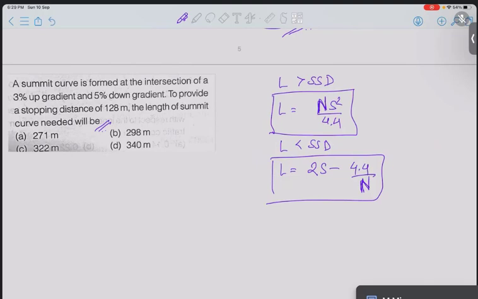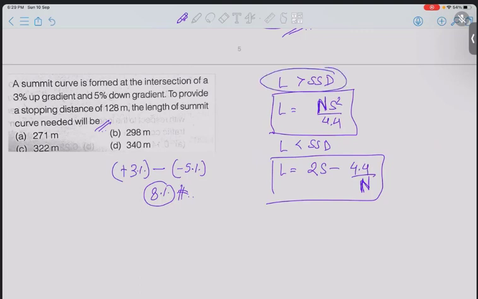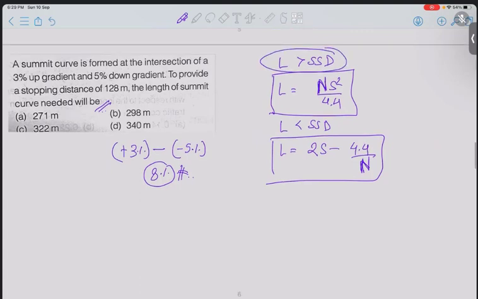So for our case, the start was a 3% positive gradient and the end of the curve was a 5% negative gradient. So 3 minus of minus 5 is 8%. Let's assume that L is greater than the stopping sight distance and calculate our L. So we will have 0.08 into S square, 128 square, divided by 4.4.